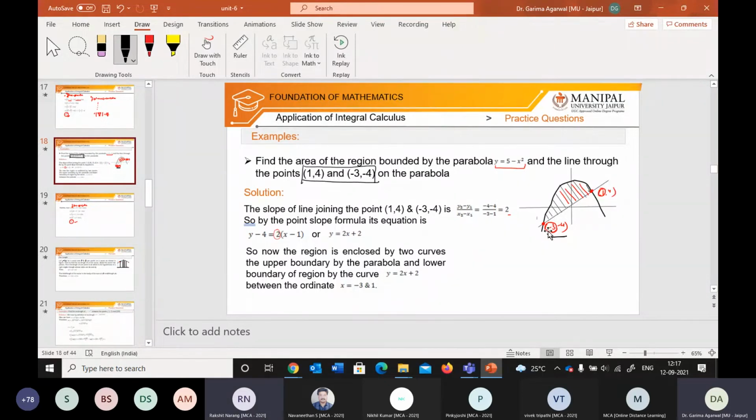That means the limit should be minus 3 to 1. If we want to put the limit of x, it should be minus 3 to 1. If in case I want to put the limit of y, it should be minus 4 to 4, right?